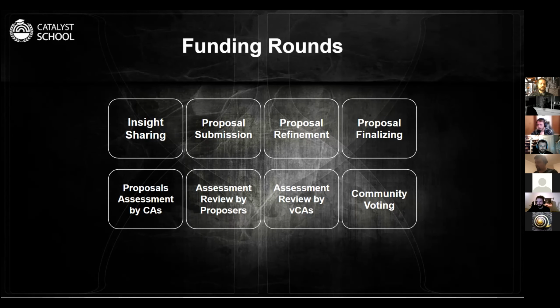The more information you provide, the higher the chance that you receive a better score from the CAs, because they are actually really going to see what you are proposing, what is the solution that you are going to build, what is the project, but it's not a requirement. You can just submit an idea and say what you're going to do, but you don't need to explain in detail. But if you do, the chance of receiving a higher score and being funded at the end is a bit higher.